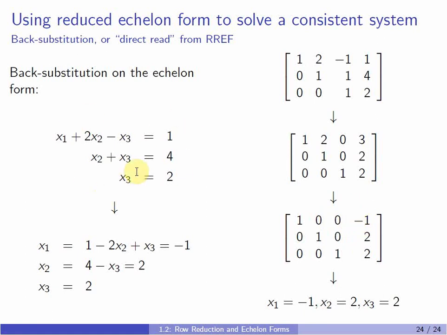I do want to draw your attention to this: the slide has a second purpose, which was to explain that if you have something in echelon form, you can do your back substitution, but there's a little bit more work involved in finding the solution, whereas when you have something in reduced echelon form, you can just read off the solution right away.